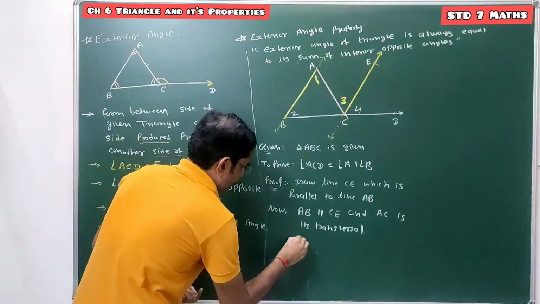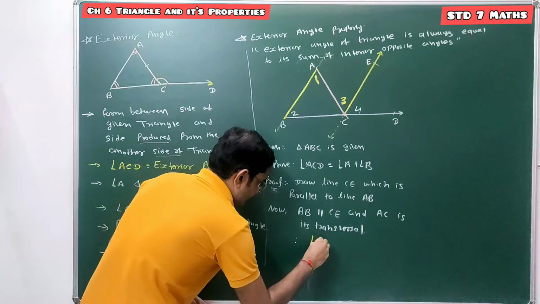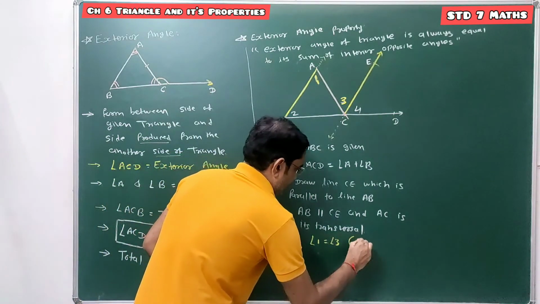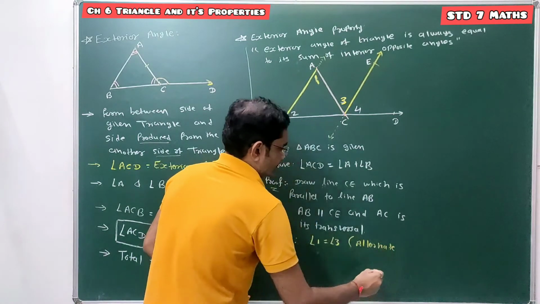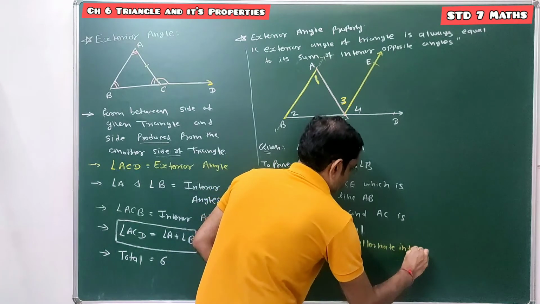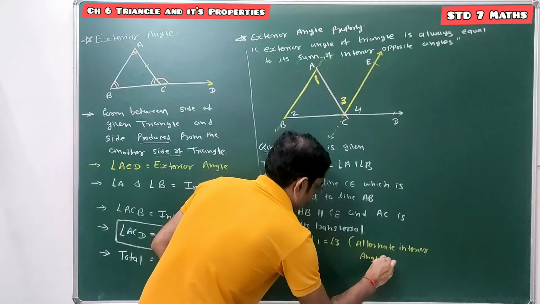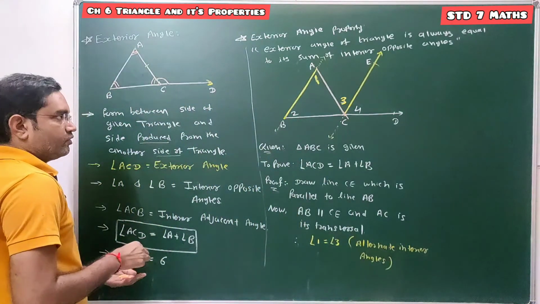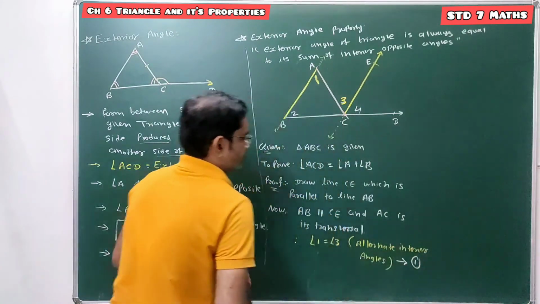Therefore we can write angle 1 is equal to angle 3. The reason is alternate interior angles. Clear students? Alternate interior angles are equal. So angle 1 equals angle 3. Call this result number 1.